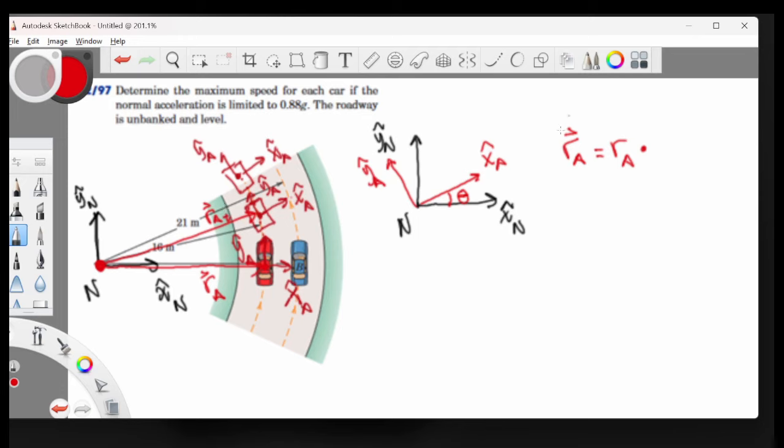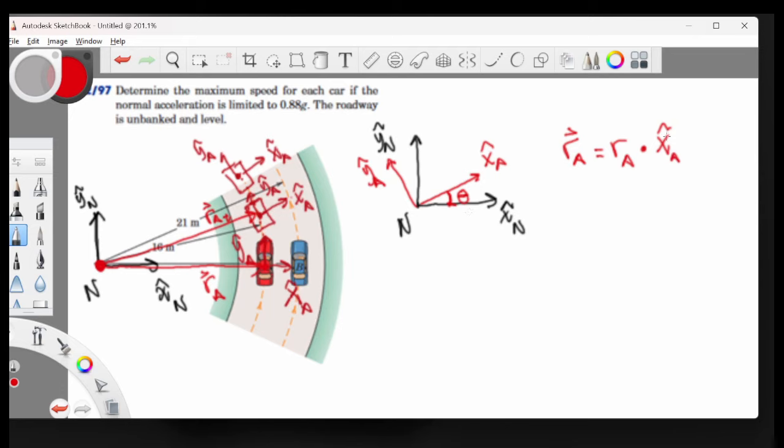So the vector RA is RA scalar times x hat A, the unit vector that points to the red car and follows a corresponding change of angle theta.